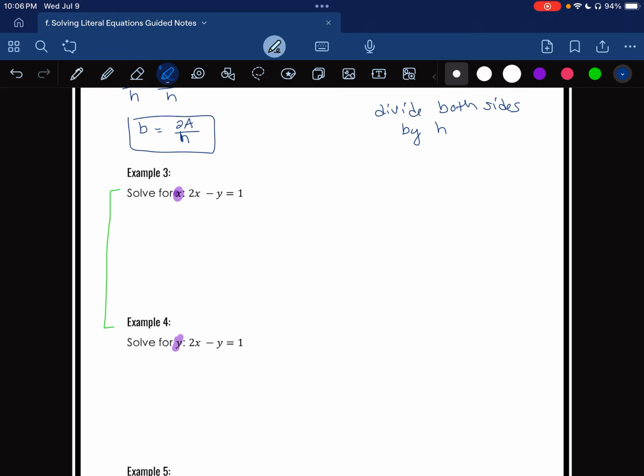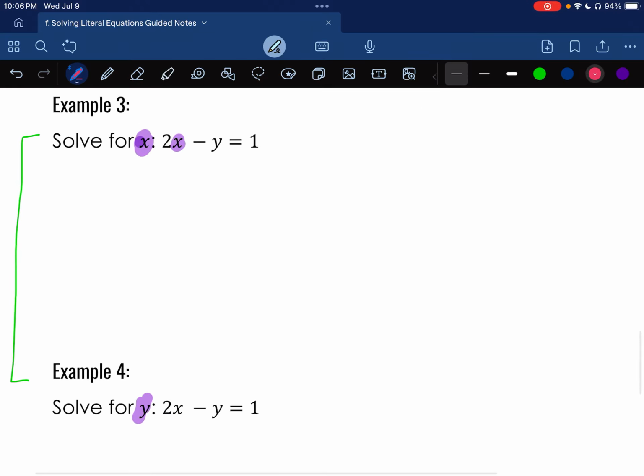We have to remember those inverse operations like we have been doing. We need to get rid of this subtracting of y before we can get rid of that multiplying by 2. So we're going to add y to both sides. And we'll end up with 2x is equal to y plus 1.